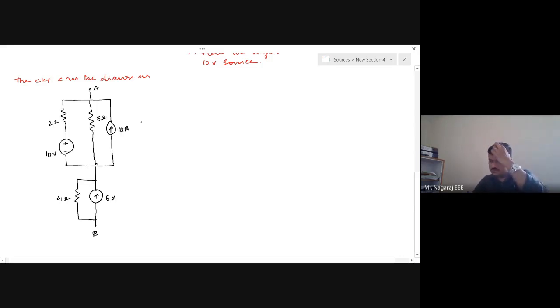So this is the circuit shown. This is the new circuit we get after I neglect the redundant resistors present in the circuit.